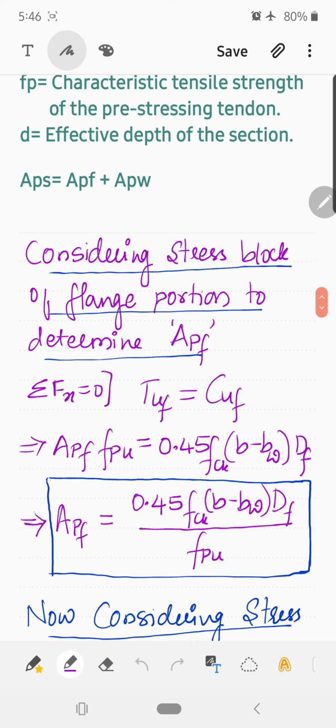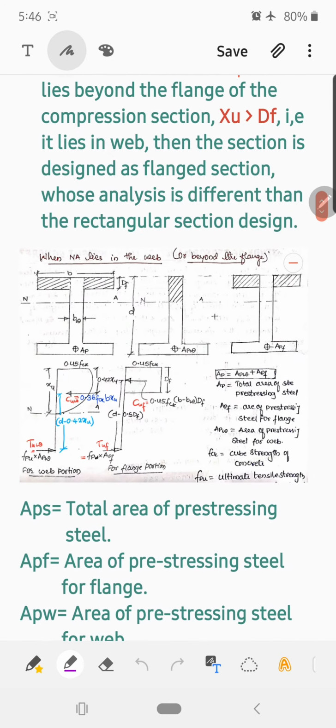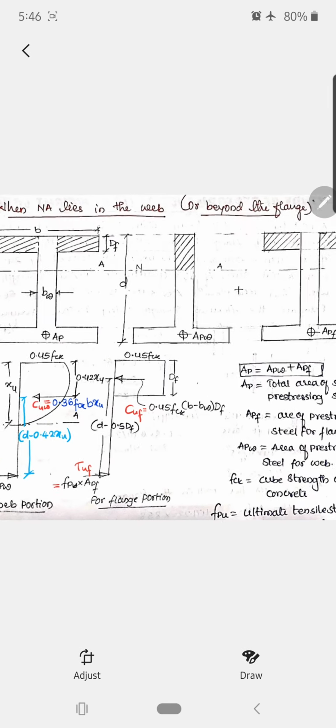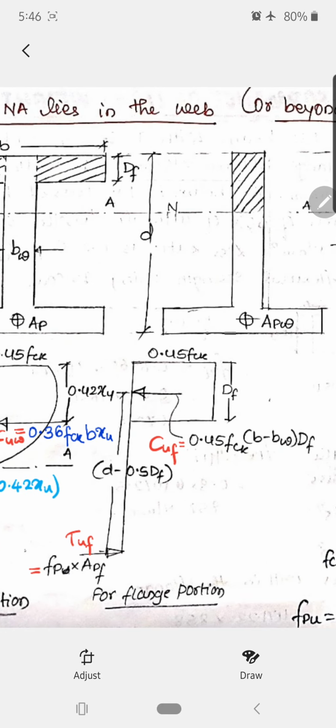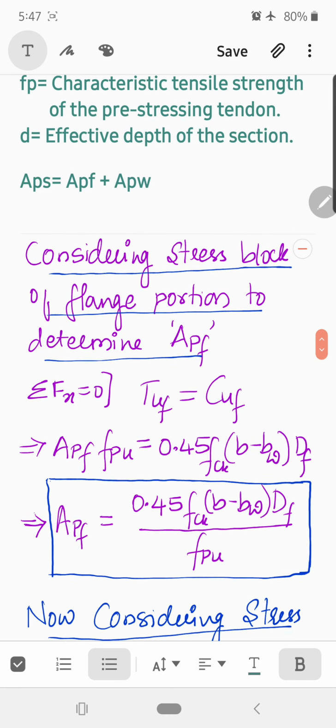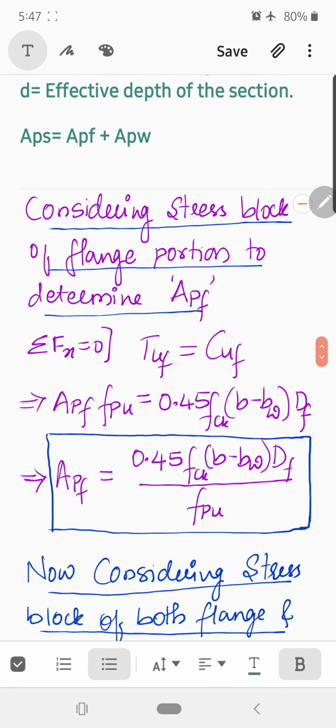Now considering the stress block of the flange portion to determine APF. So we will determine APF first. Considering this figure, I take the equation for sigma Fx equals 0. Therefore TUF is equal to CUF, total tensile force is equal to total compressive force for the flange.